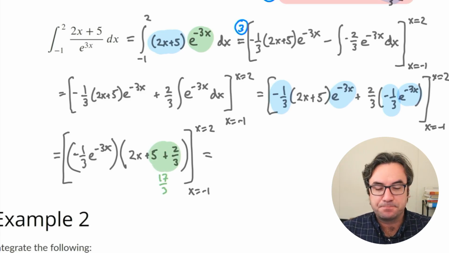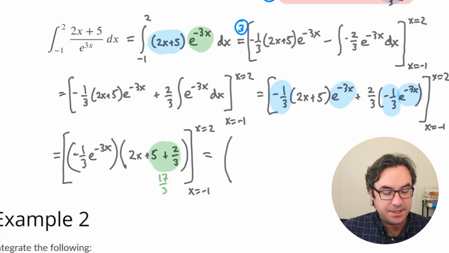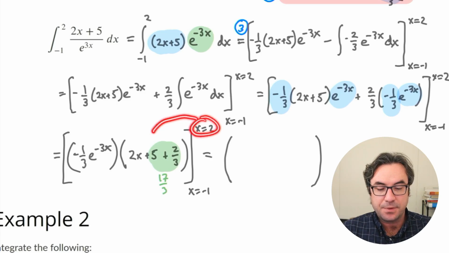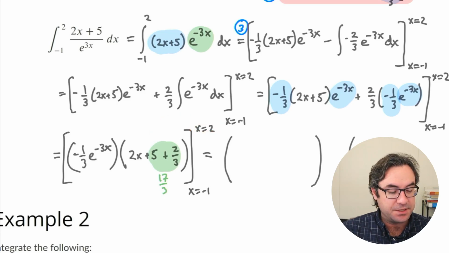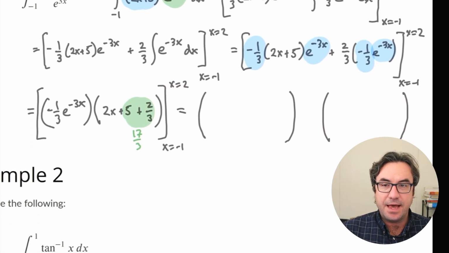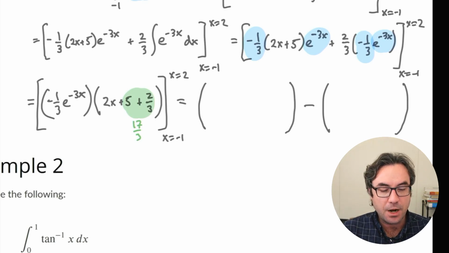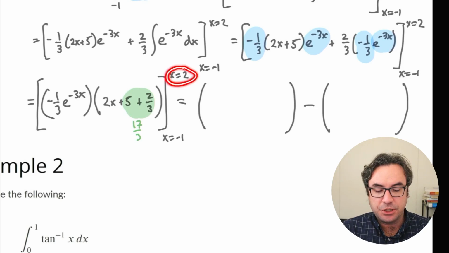And let's plug in. We have a lot of terms here to evaluate, so it helps when evaluating to set up a big set of parentheses for what you get when you plug the top number in, and a big set of parentheses for what you get when you plug the lower bound in. And then we're going to put a subtraction in the middle. All right, so let's get that top number in. We're going to plug 2 in wherever we see an x.